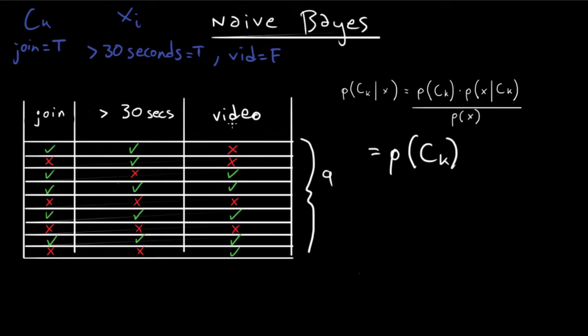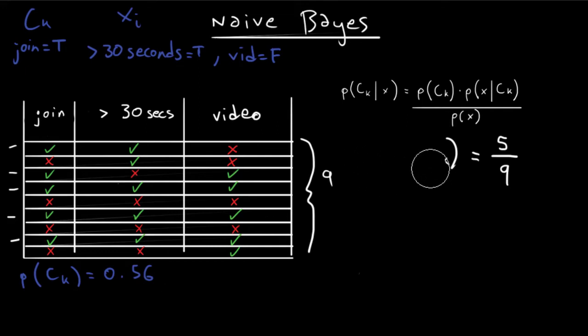Well, we have 9 observations, and out of those 9 observations, how many people have actually joined? 1, 2, 3, 4, 5. So there are 5 cases out of the total 9 observations where they've joined. I'm just going to write this in the corner here. The probability of our selected class occurring is 5 over 9, or if we round to 2 decimal places, 0.56.